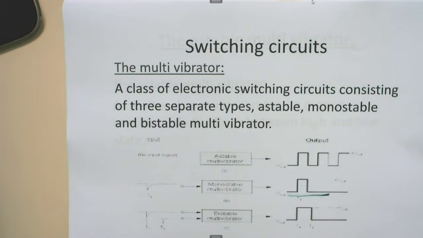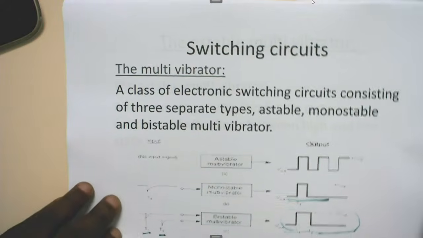Then jumping to bistable, as the word bi means two, you'll have two triggers. Then you'll have this waveform as your output. Here you've got two triggers, the first one being your set, then the second one being your reset.